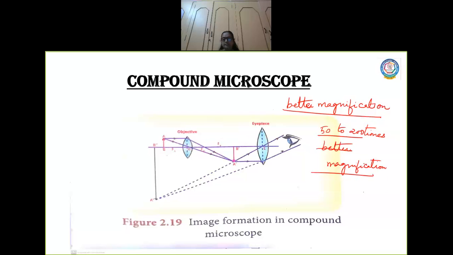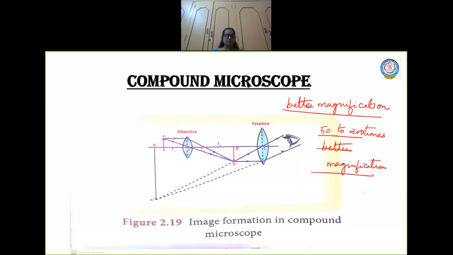It is an instrument used for measuring very small lengths, with a minimum accuracy of 0.01 millimeter. Where you need to measure such lengths, we go for the traveling microscope. We'll teach you that when you come to your higher classes.